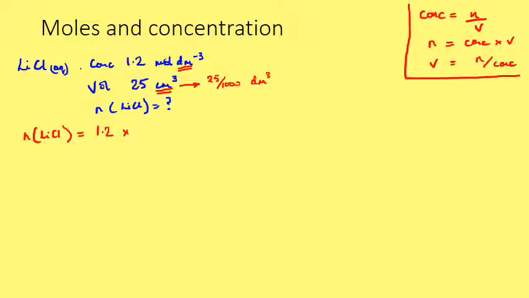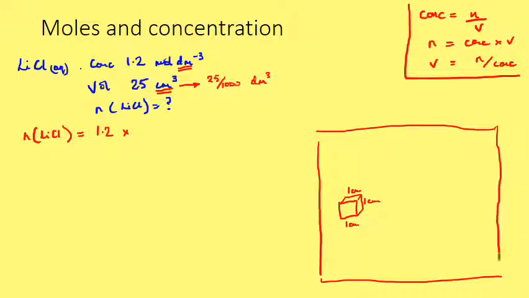And just to make that logical for you, this is 1 centimeter cubed. That's 1 centimeter, and that's 1 centimeter, and that's 1 centimeter. Now a decimeter would be about this big. A decimeter is going to be 10 centimeters by 10 centimeters by 10 centimeters, and it's going to go back into the page like that.